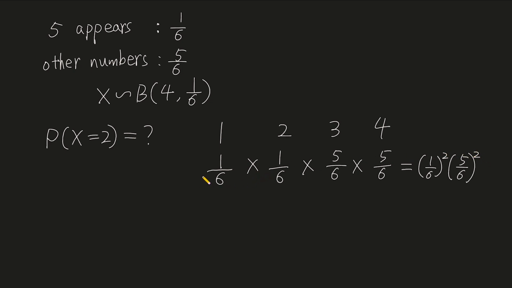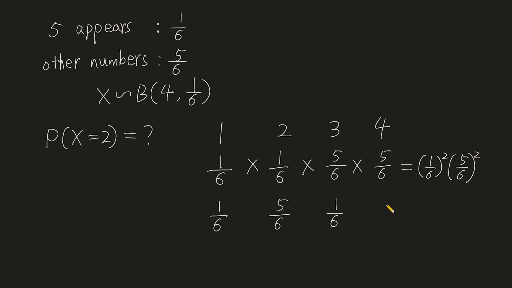This is one case. And it also can be that the first time number 5 appears, its probability is 1 over 6. And the second time, other numbers appear, the probability is 5 over 6. And the third time, number 5 appears, the probability is 1 over 6.